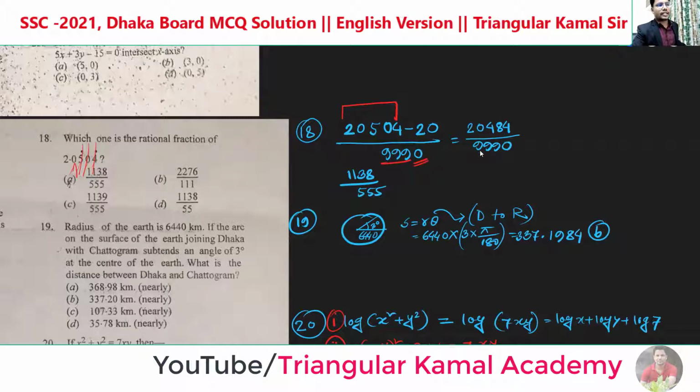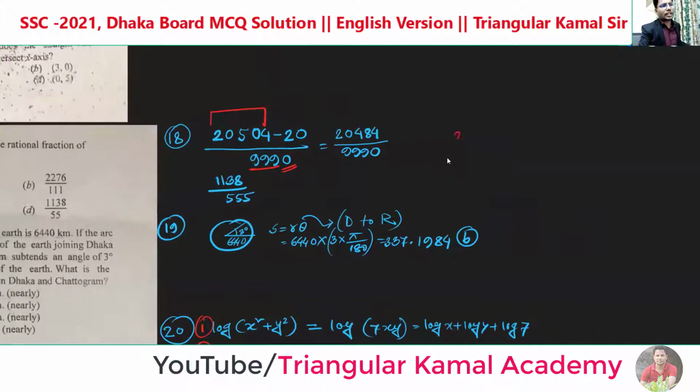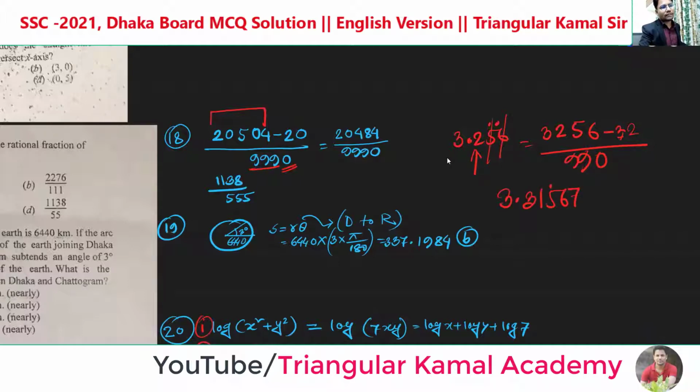Like another example, if we see here, like 3.256 recurring. So here there will be 3256 minus 32 without recurring part, and then there are two digits recurring, 9, and there is another single digit after decimal. This is without recurring, that means 10. If we see here 3.31567, there is a 567 recurring.